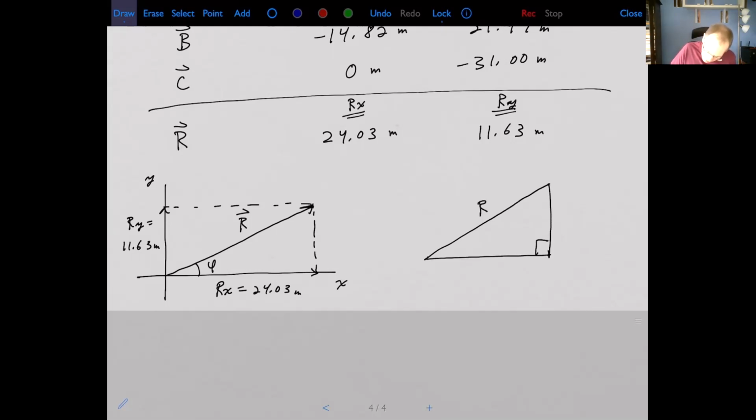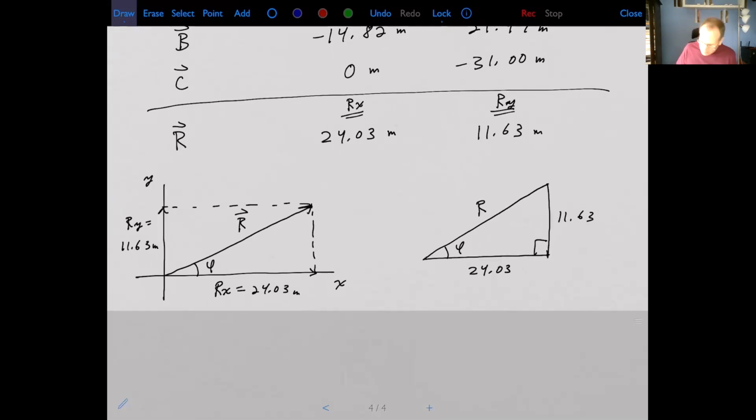I'm looking for the magnitude, let's call it R, and this angle theta. And I know that this length is 24.03 and this length is 11.63. To find the magnitude, you simply use the Pythagorean theorem. R, in general, is the square root of Rx squared plus Ry squared.